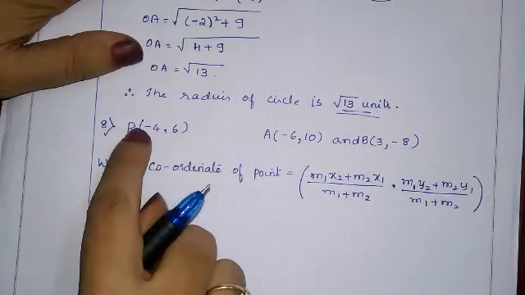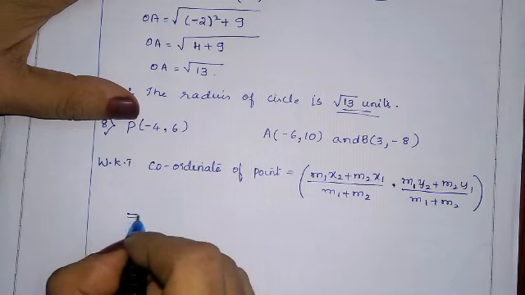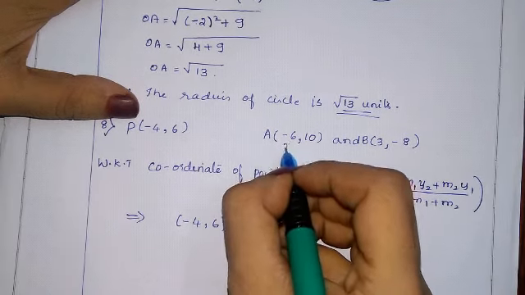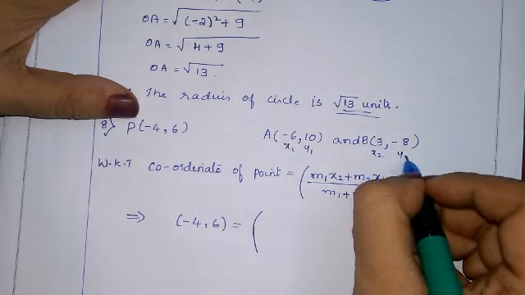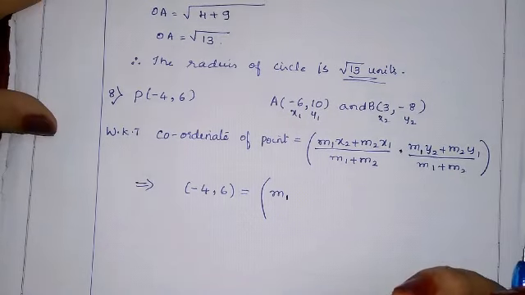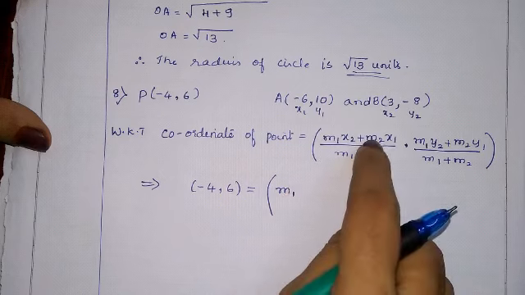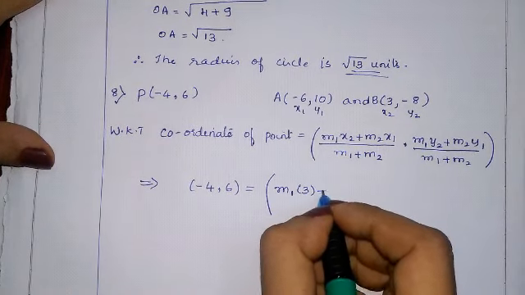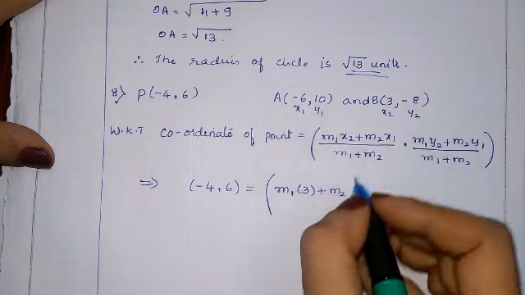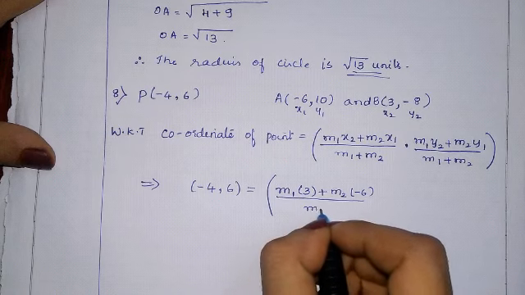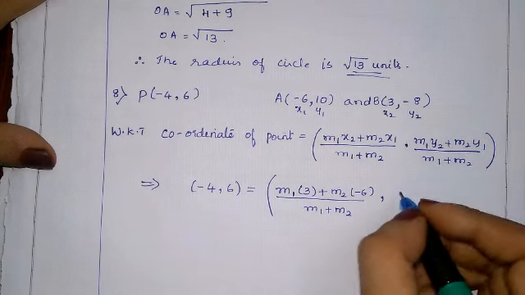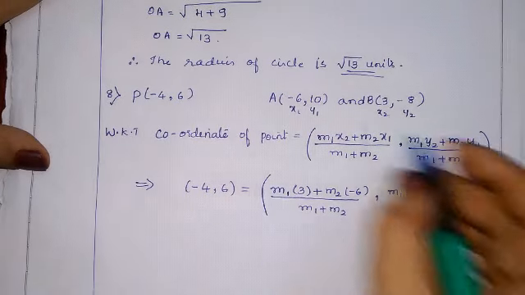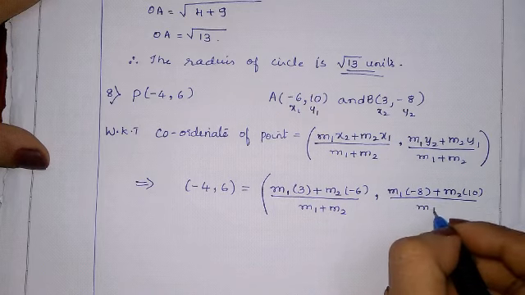When they ask to find the ratio, we should always take this section formula. The coordinate of the point (-4, 6) is equal to, here point A is x1, y1 and point B is x2, y2. m1 and m2 values we don't know, we should find the ratio. m1 times x2 which is 3, plus m2 times x1 which is minus 6, upon m1 plus m2, comma m1 times y2 which is minus 8 plus m2 times y1 which is 10, upon m1 plus m2.